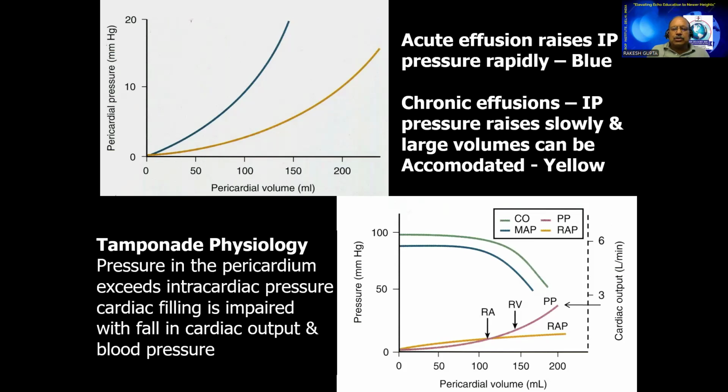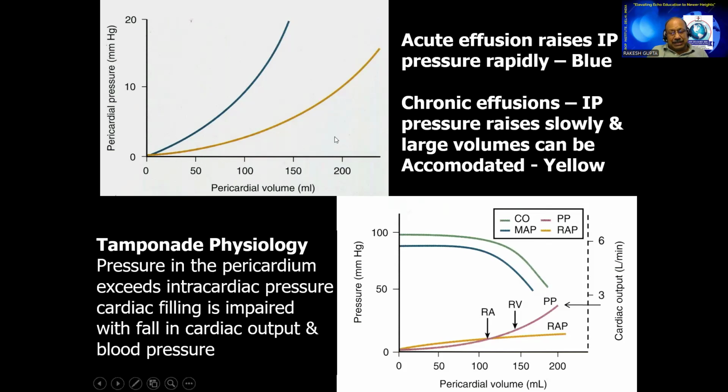Okay. So this is the most important thing. The next important thing is the rapidity with which the intrapericardial fluid collects. If it collects over a period of time, the pericardium has got a place to adjust to that fluid.